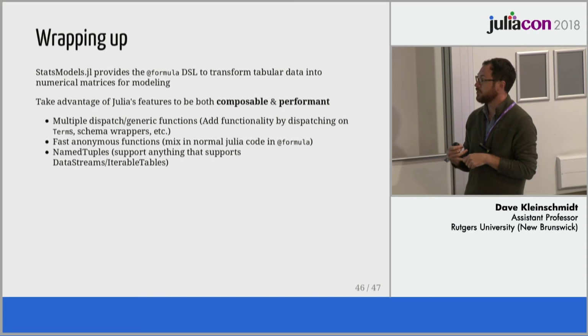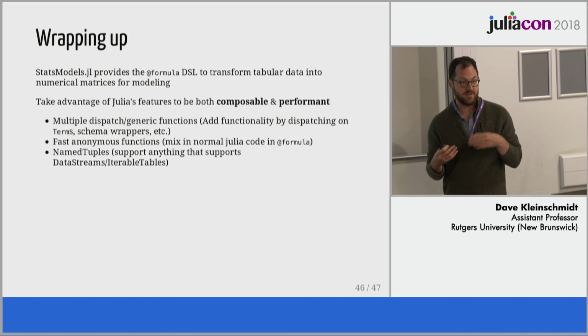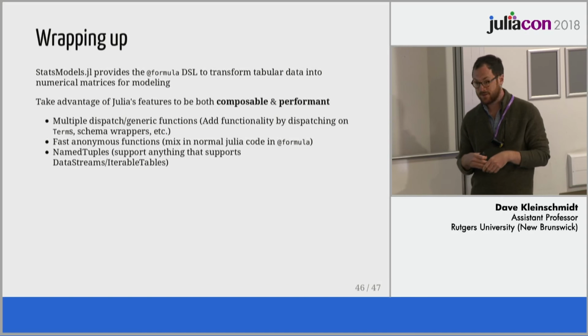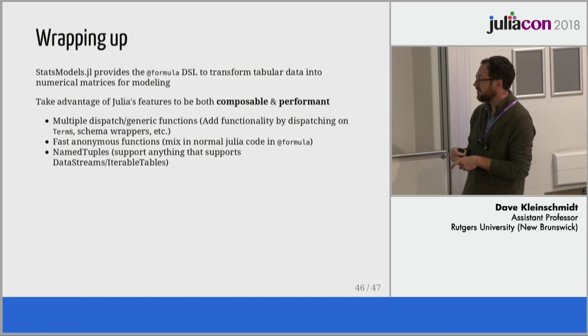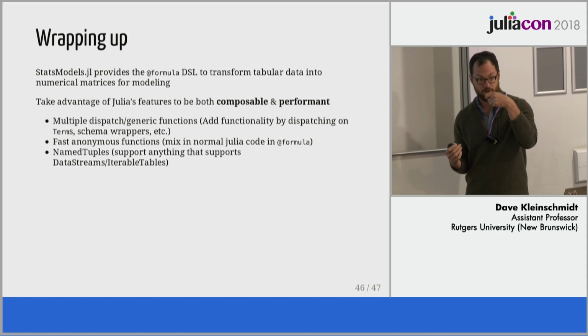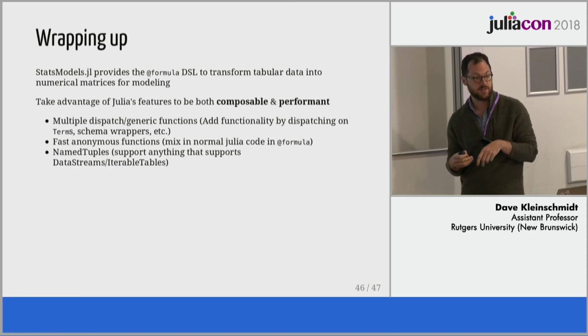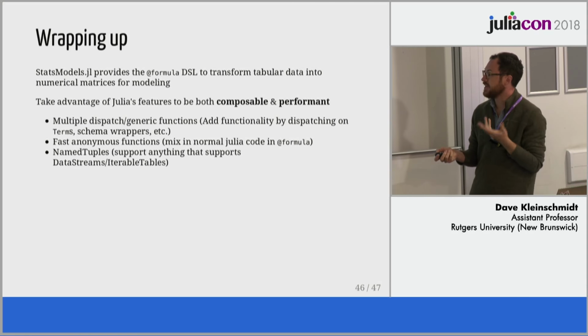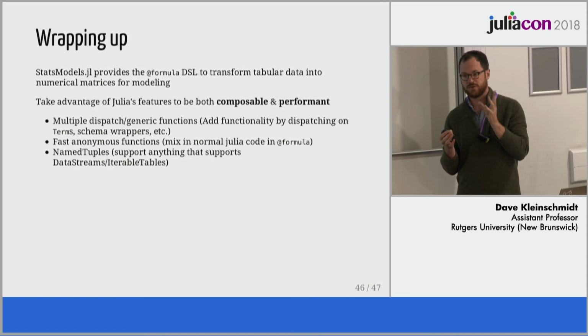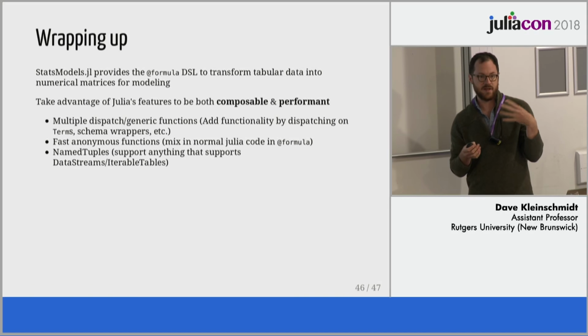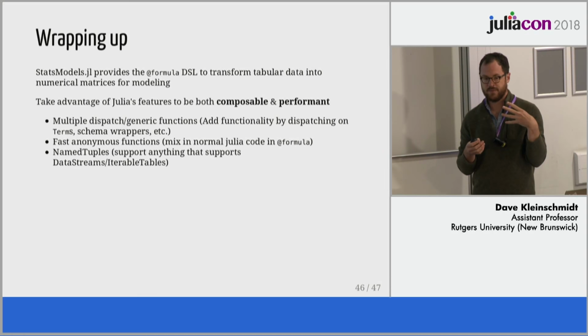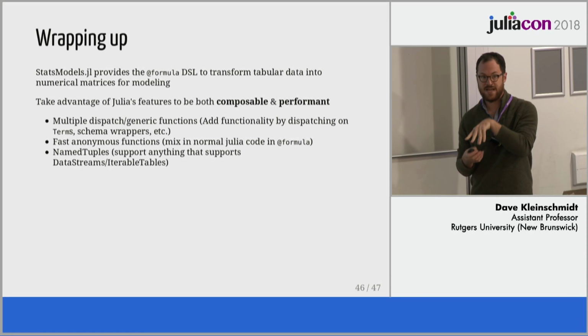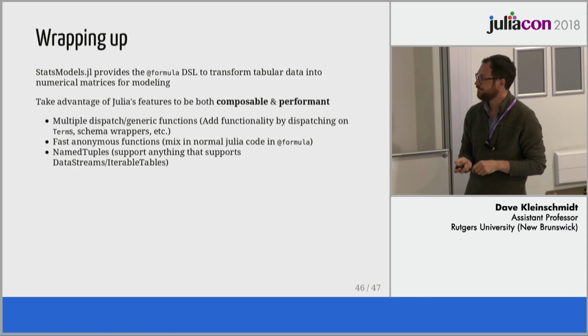So we have multiple dispatch generic functions, which lets us dispatch on these term types. Fast anonymous functions, which is the critical thing for allowing these arbitrary transformations. And named tuples is a really convenient lowest common denominator of a heterogeneously typed named data store.